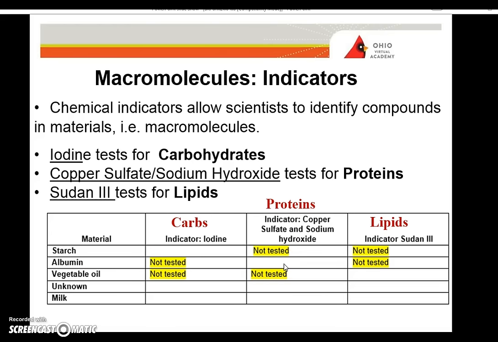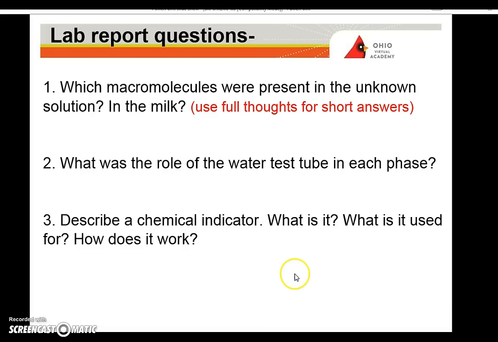Now, don't just write yes or no. Write what happened. What is the reaction? Was it a color change? Did it bubble? Did it pop? What happened there? Then you're going to do the same thing for the unknowns and for the milk.